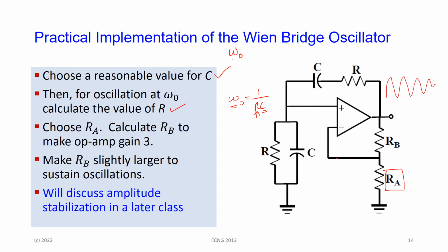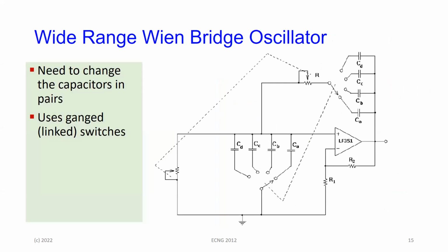You need to adjust RB a little bit, and we're going to see how that will be done in a class later on. It's done with a little bit of extra electronics, nothing too drastic. But if you make the gain 3 and you power on the circuit, you're going to get a nice clean sine wave at omega 0 being created.